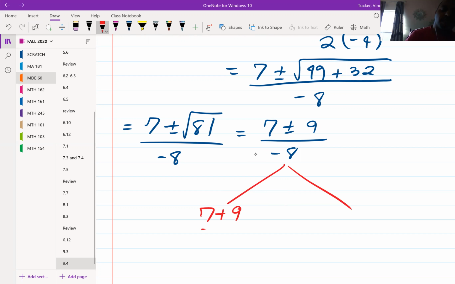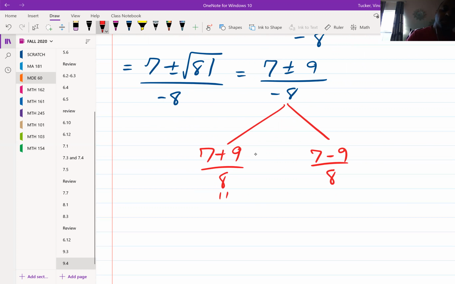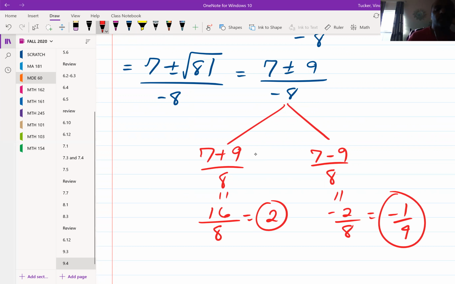That's 7 plus 9 over 8, and 7 minus 9 over 8. 7 plus 9 is 16. 16 divided by 8 is 2. 7 minus 9 is negative 2 over 8, negative 1/4.